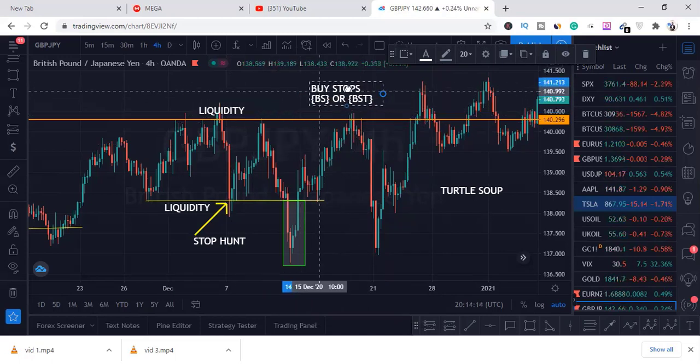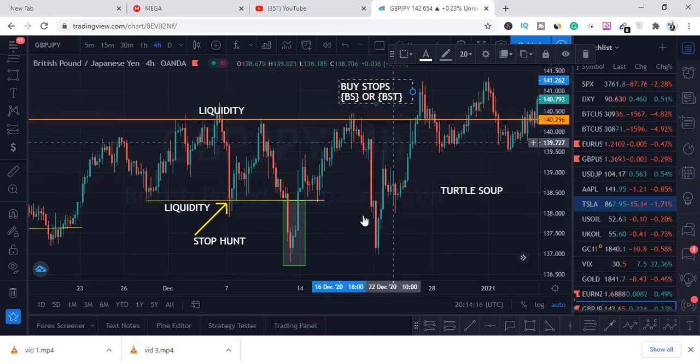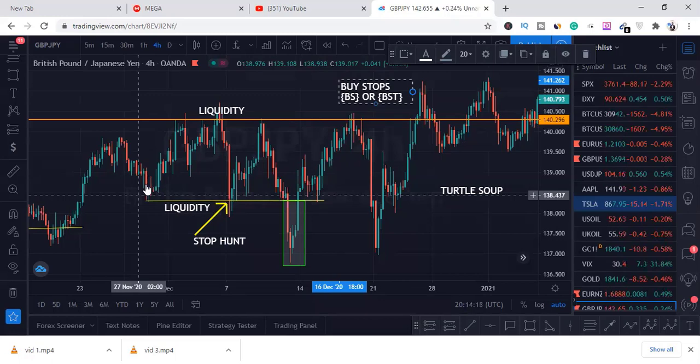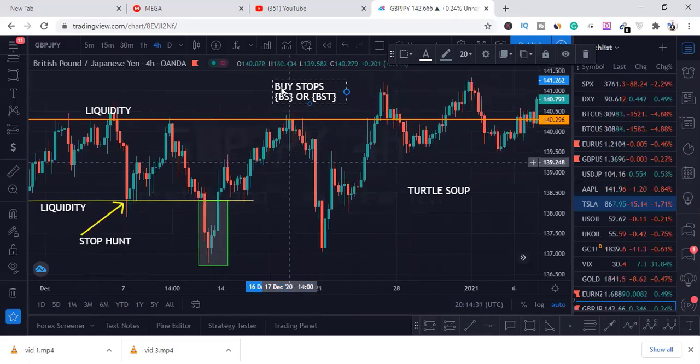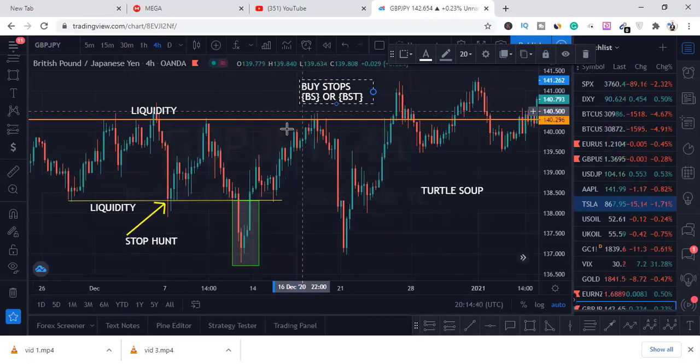This area is what we call buy stop, and this is what we call sell stop, because the banks will be looking to take profit at this area, to make sure that they clear off every liquidity that is here, every liquidity that is here.